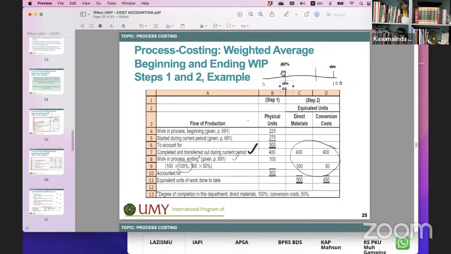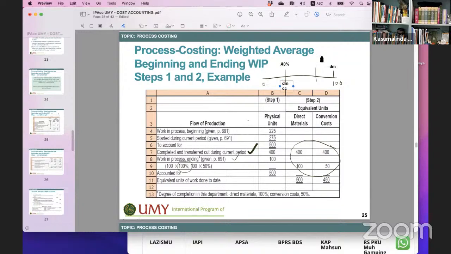It is only added here. So when the process stops here, there is no direct material at this point. So the direct material is 0% complete. The conversion cost is still the same, 40% complete.